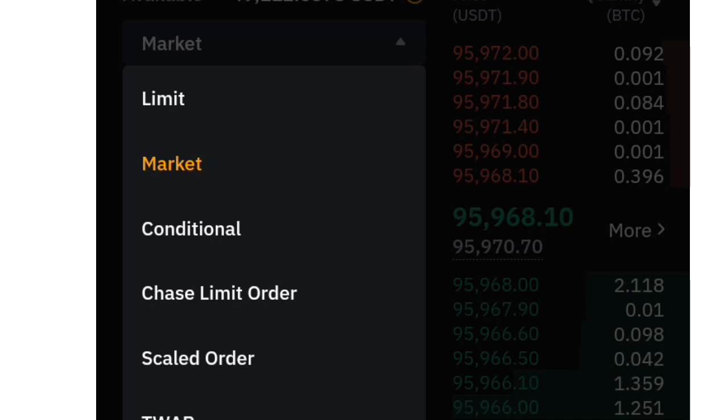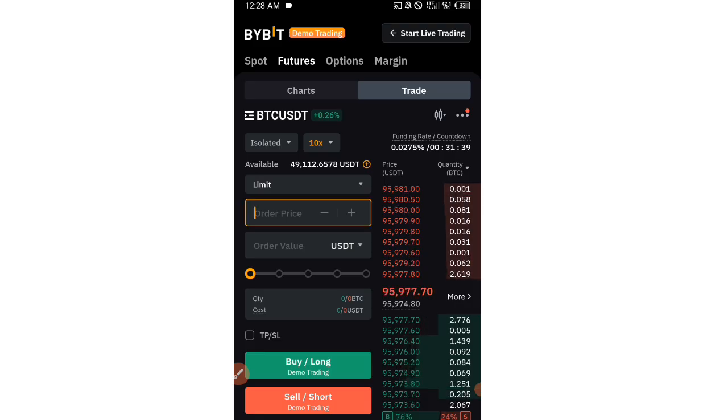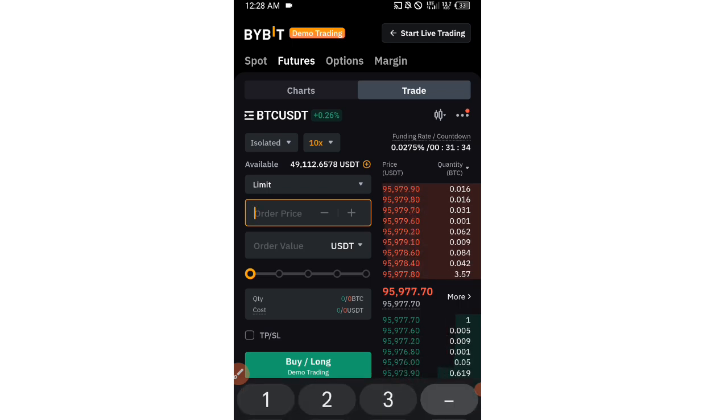When you click on limit, you can enter your order price. What it means is that you don't want to enter this trade at the current price. You want to put the price you want to enter the market at, so that anytime the trade reaches that price, your order will trigger for you.